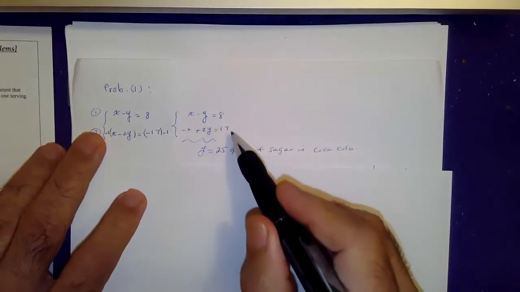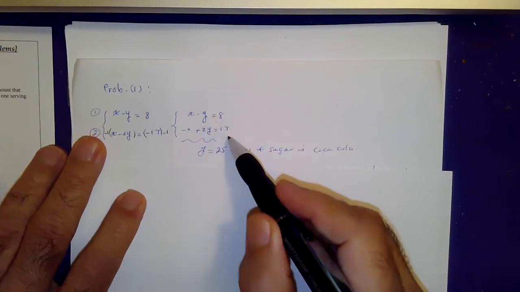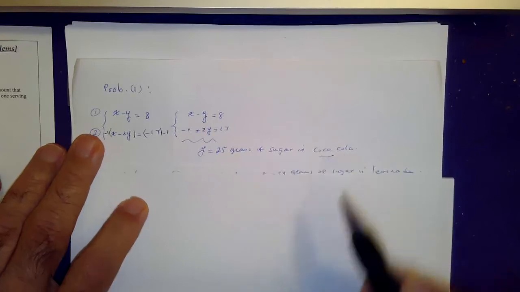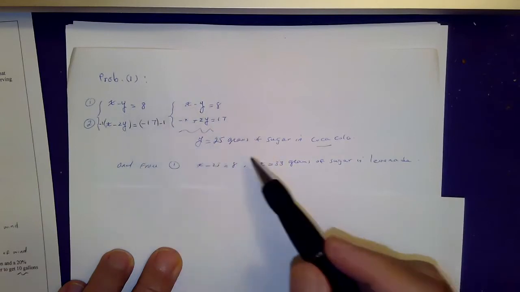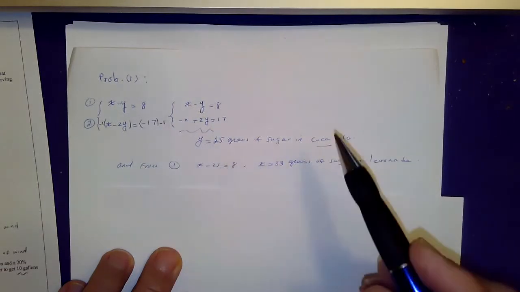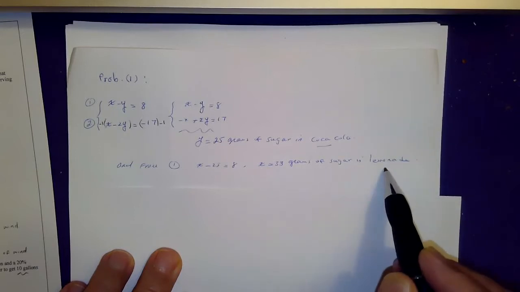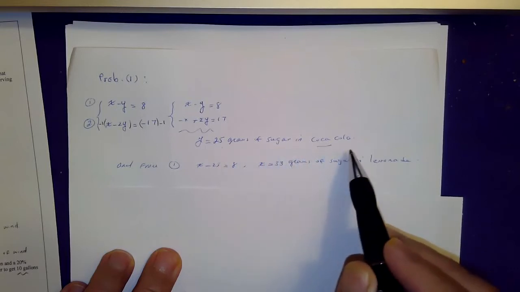So you get 3y is equal to 75, so y is equal to 25, the amount of sugar in Coca-Cola. Now if you go back to equation number 1 and replace y with 25, x would be 33. So there are 33 grams of sugar in lemonade, and 25 grams of sugar in Coca-Cola.